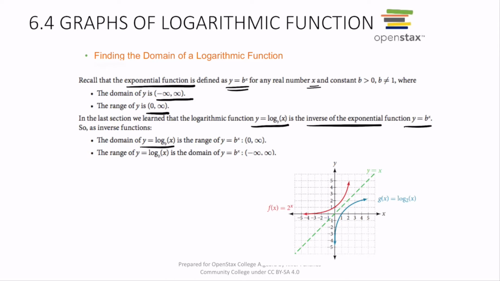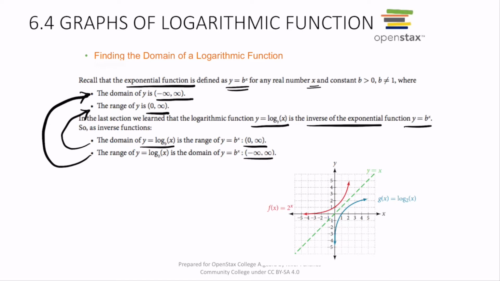So the domain becomes the range of the exponential function and the range becomes the domain of the exponential function. Remember that the domain and range swap. So it becomes 0 to infinity for the domain of the logarithmic function and the range becomes negative infinity to infinity.